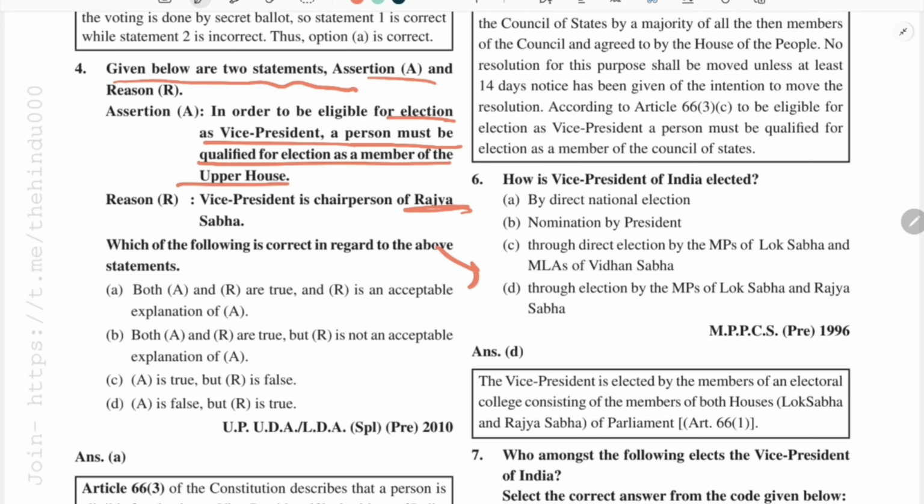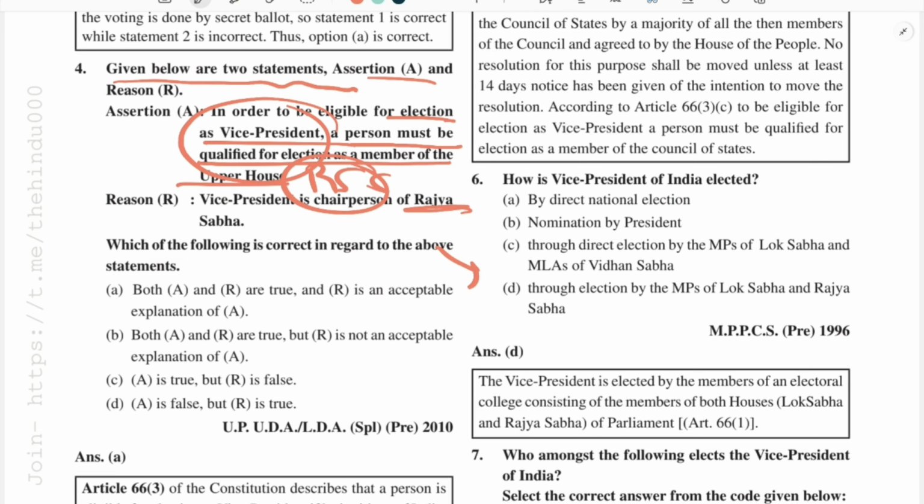So this statement is correct, because the basic criterion to contest the election for vice president is that a person must be eligible to contest the election for a member of the upper house, that is Rajya Sabha. The lower house is called Lok Sabha. Some of the criteria are that he must be a citizen of India.